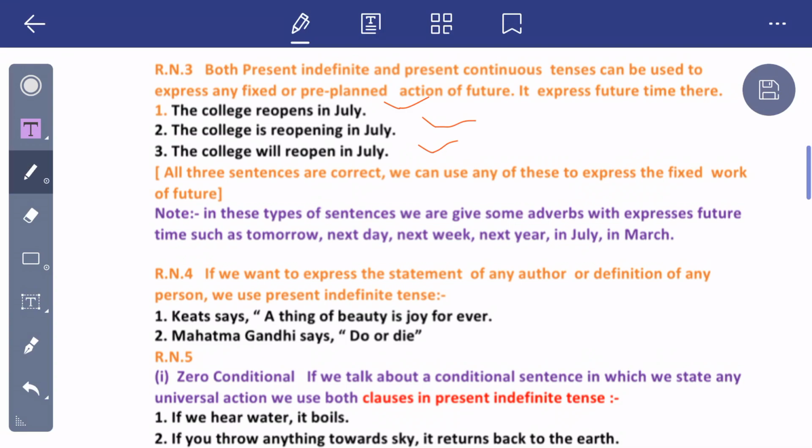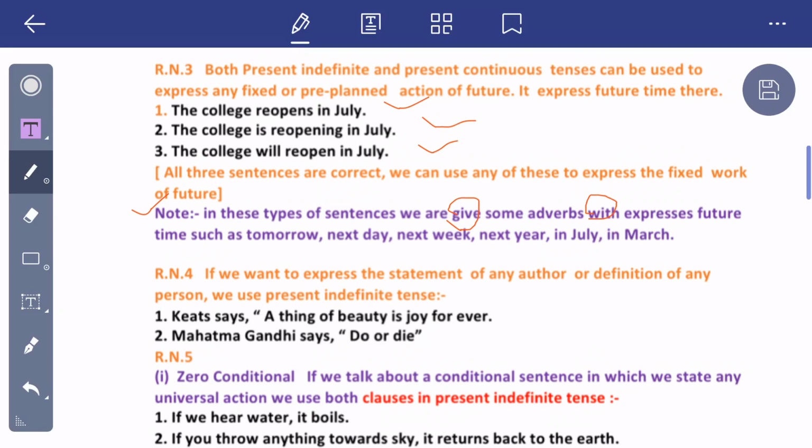Now one note is given there. Note means something important about these. In these types of sentences we are given some adverbs which express future time, such as tomorrow, next day, next week, next year, in July, in March.